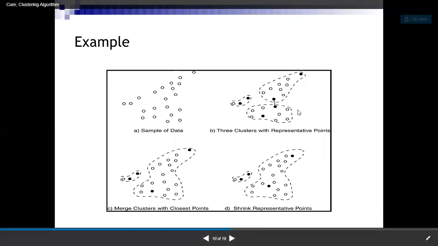Going back to the previous diagram, we see that the two representatives of the newly created cluster have been selected from the previously selected four representative elements, and these two representatives shrink toward the mean by a fraction of alpha. So, shrunk representative points.